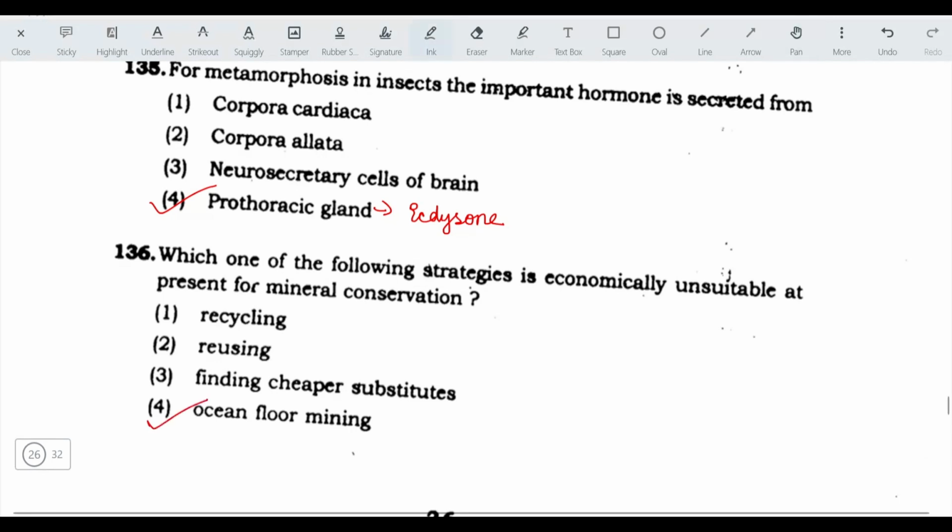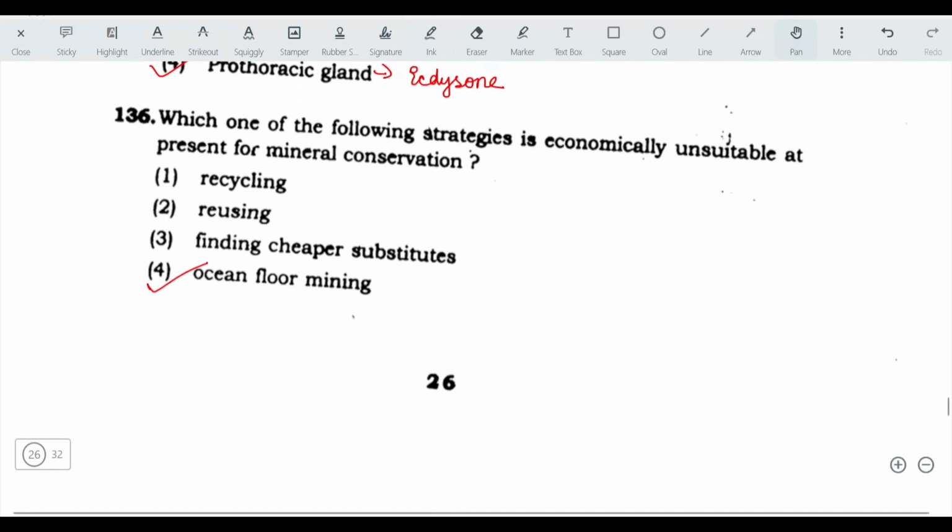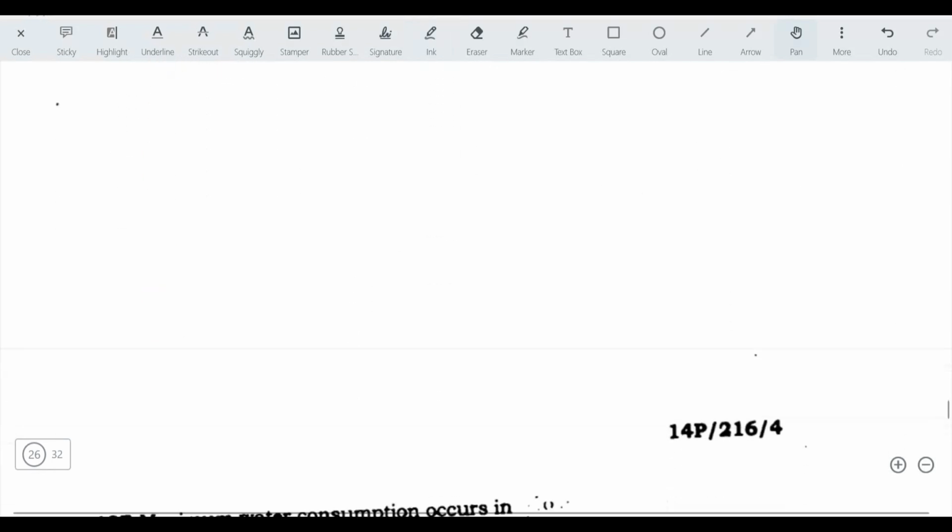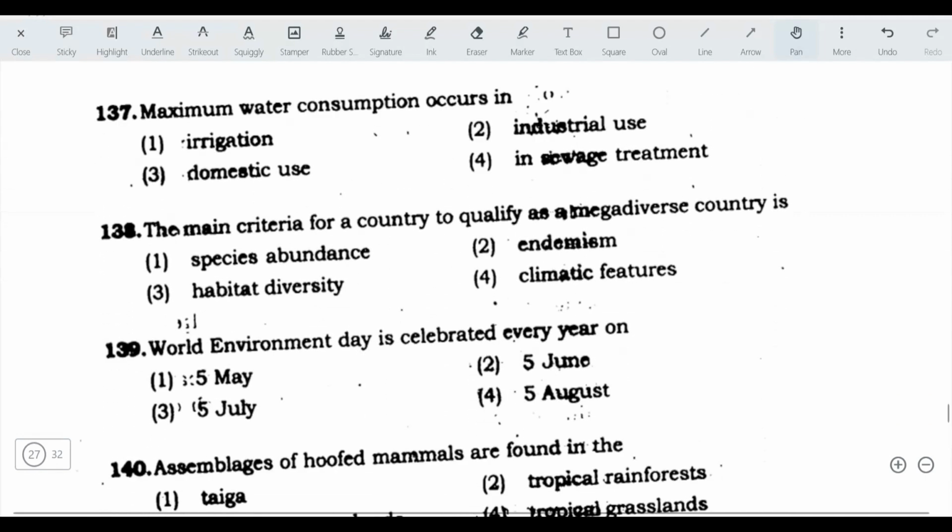It is economically unsuitable. Next, maximum water consumption occurs in irrigation. Next, the main criteria for a country to qualify as a mega diverse country is species abundance as well as endemism.